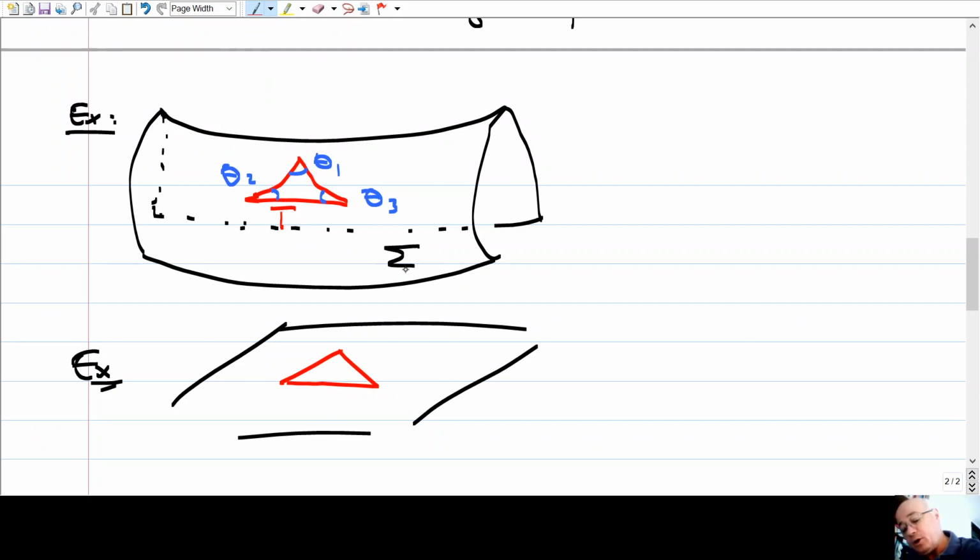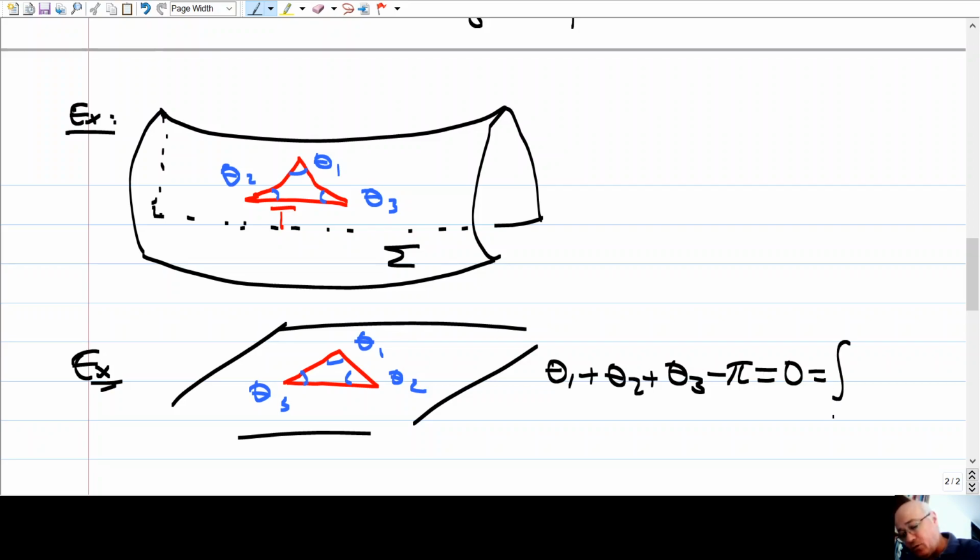And that's not a surprise. The Gaussian curvature is zero, therefore the integral is zero. So with these angles, theta 1 plus theta 2 plus theta 3 minus pi is 0, of course.